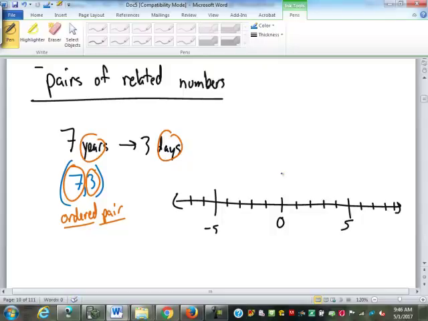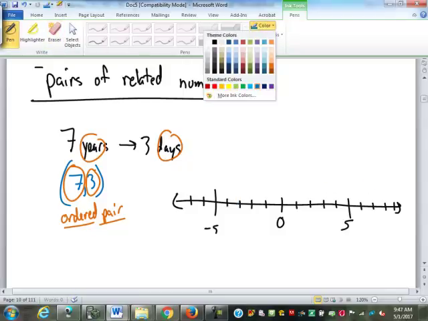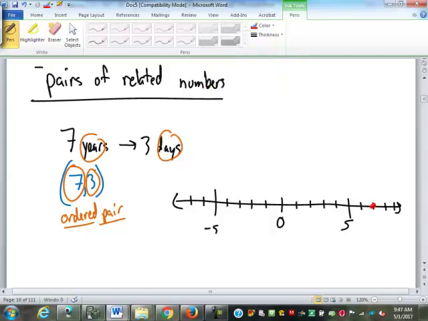We talked about vectors, like the vector for 7 starts at 0 and goes to 7, which was the way we needed them for adding, subtracting, and stuff like that. But if we're just representing the number, the other way we could do it was just put a dot at 7. That dot represents the value of 7. We used the vector as kind of a mechanical representation so we could add and subtract and do stuff with them. But here, this is an ordered pair.